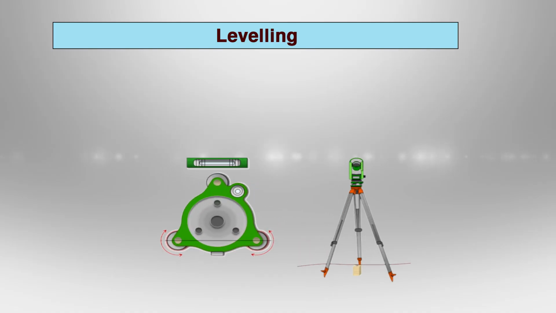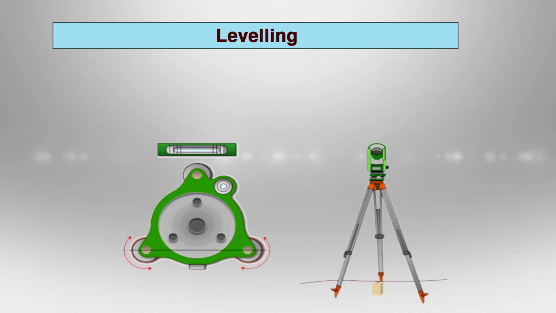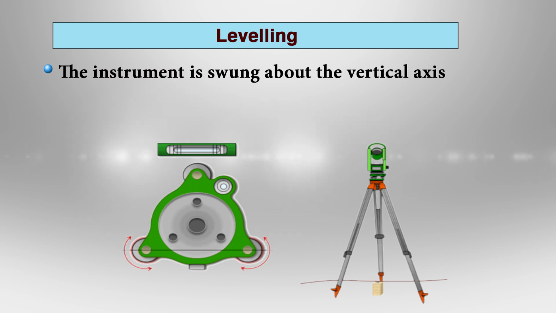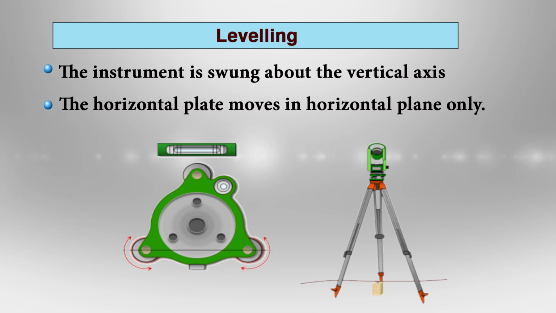After setting up and centering the instrument, the next temporary adjustment to be done on the theodolite is leveling. Like all temporary adjustments, the leveling of the theodolite has to be done at every station when the setup is done. By leveling the instrument, the horizontal plate is adjusted such that the instrument swings about the vertical axis and the horizontal plate moves in the horizontal plane only.